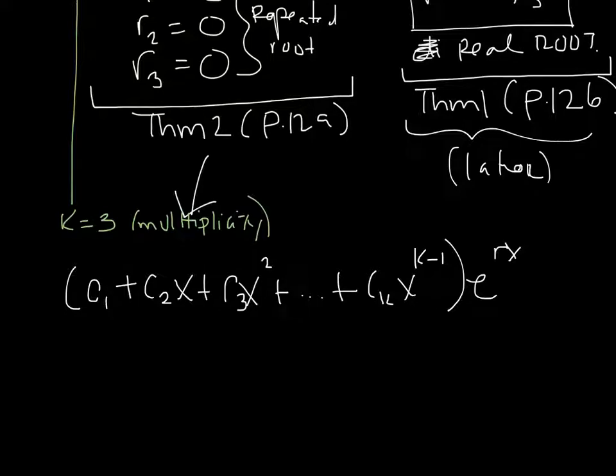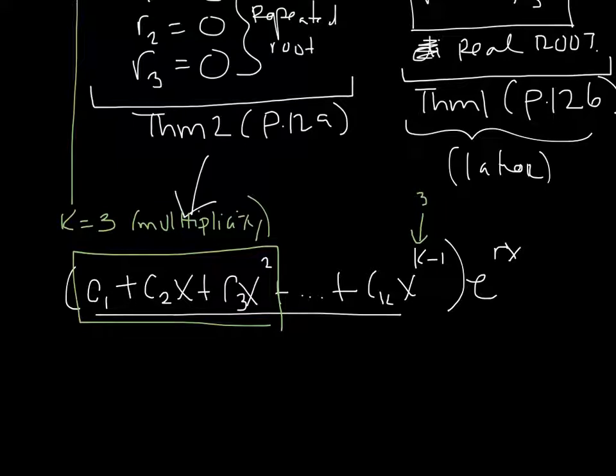Here, my k is 3, so 3 minus 1 gives me 2. That's how I know I only need this piece.